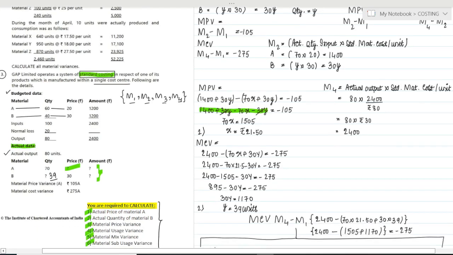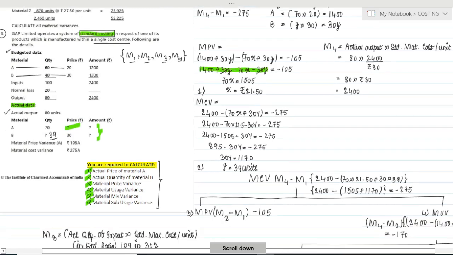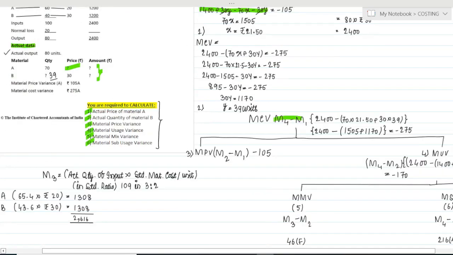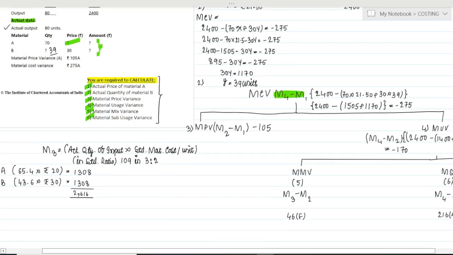Okay, by putting all the missing information in the formula, you will get the answer. So in this manner you can solve all the requirements of the question. The first requirement is material cost variance, material price variance, material usage variance, material mix variance, and the last one is material sub usage variance.